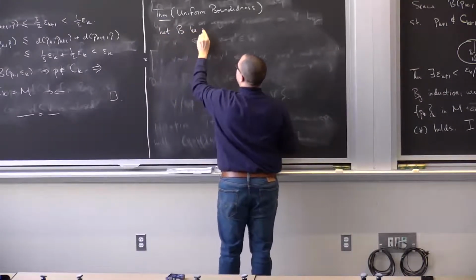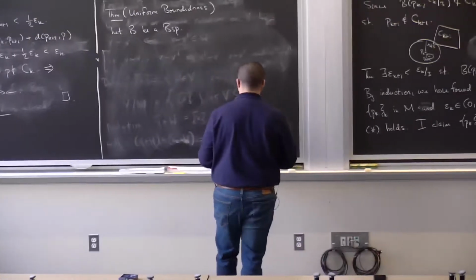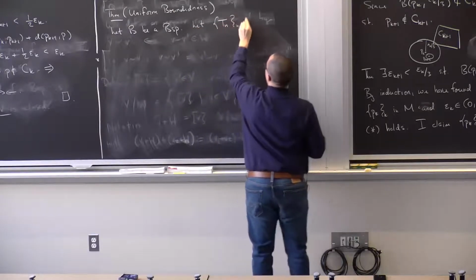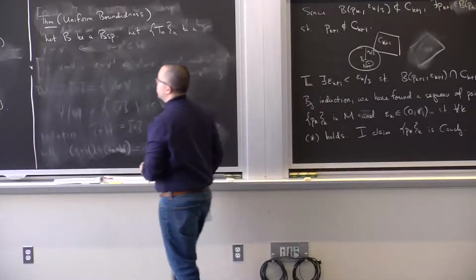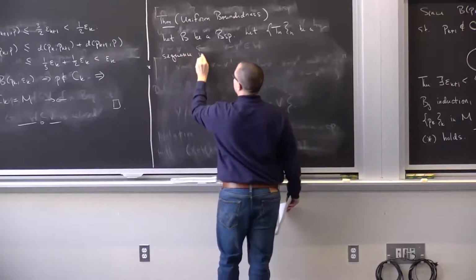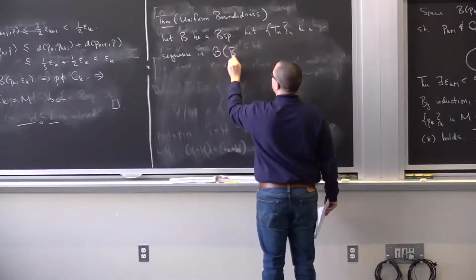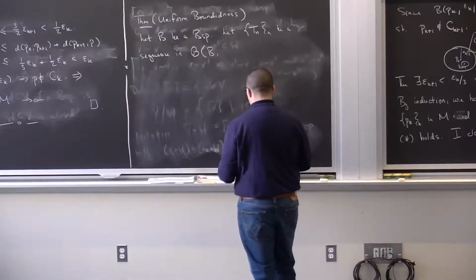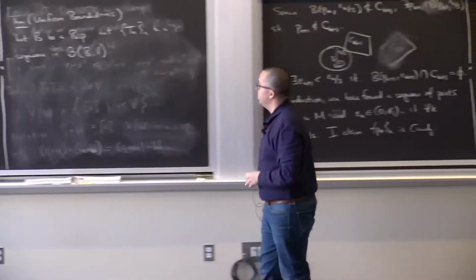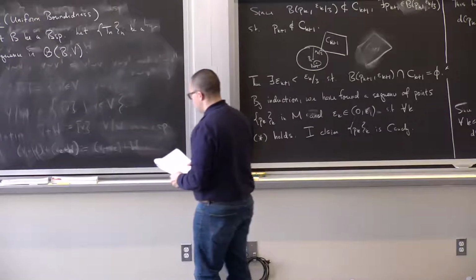So let B be the Banach space. And let T n be a sequence of bounded linear operators, which we denoted last time by script B, to some other normed space V. Okay, so I didn't write that, but V is a normed space.